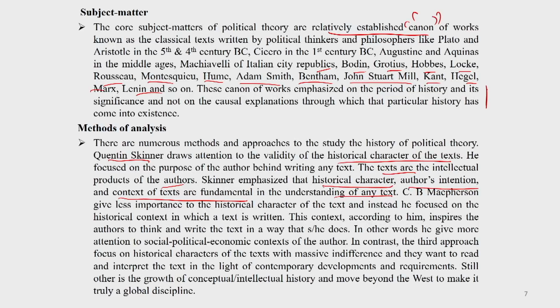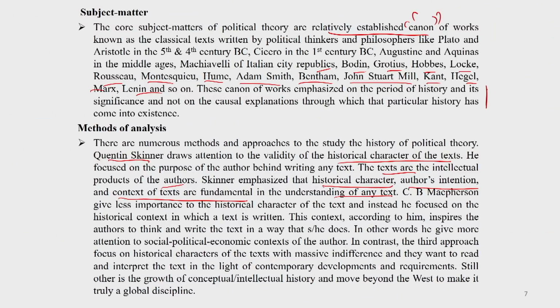According to thinkers like C.B. Macpherson, the context plays a greater role in determining the intention, the approaches, the articulation of the author. So, more than the historical character and author's intention, they focus more on the historical context in which that text is written.